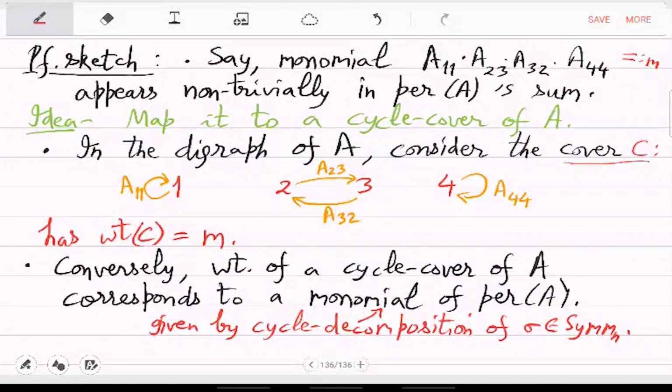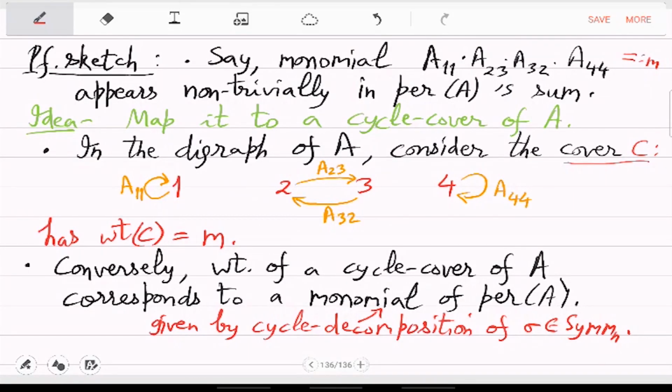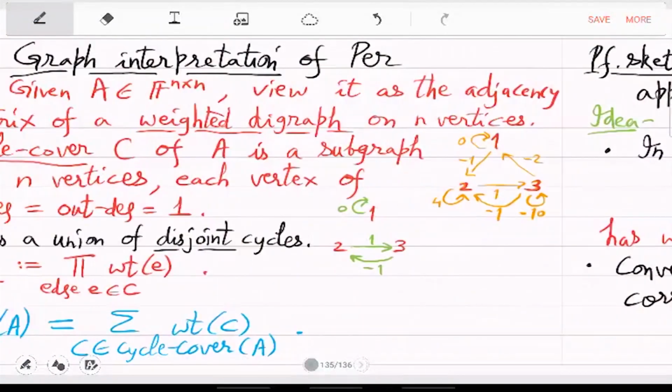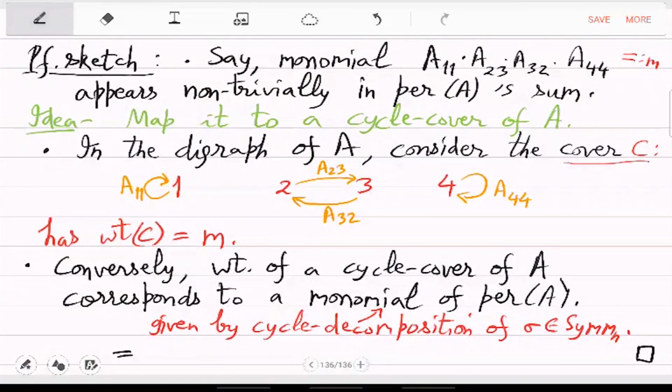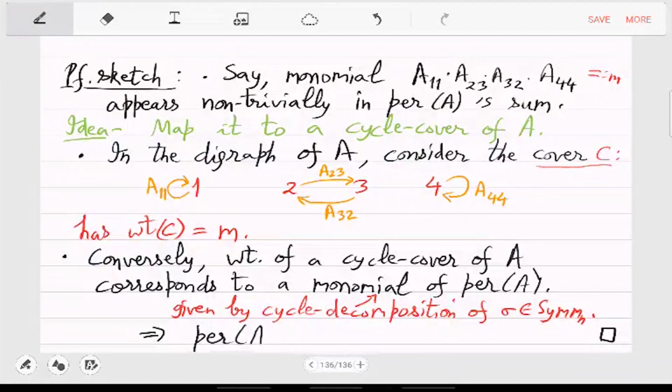So this is really a connection with the cycle decomposition of permutations. The permanent is defined via permutations. Every permutation gives you a cycle cover, and every cycle cover gives you a permutation. So just check that, and that proves the equality: the permanent is the sum over the weights of cycle covers.